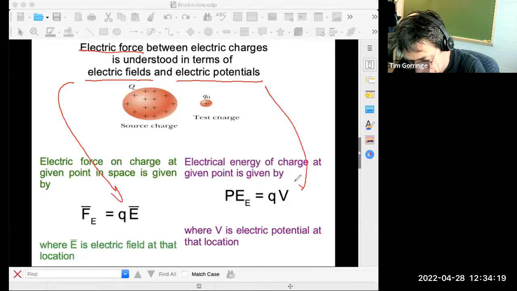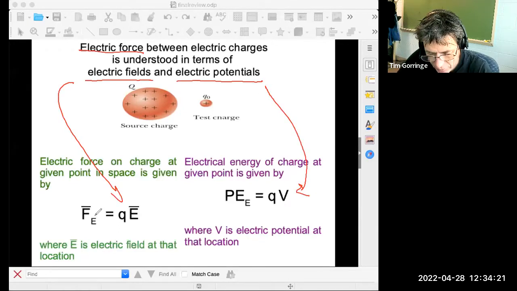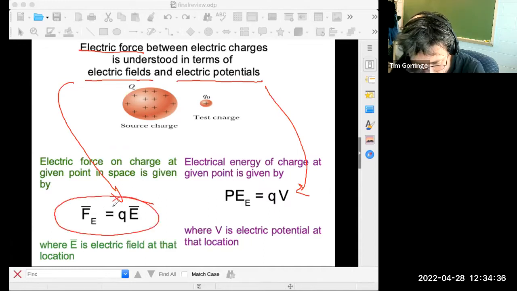downstairs here in terms of things that we could measure, which are the forces between a pair of charges and the potential energy of a pair of charges. And so this was an important equation for us because it introduced the electrical field in terms of the electrical force.